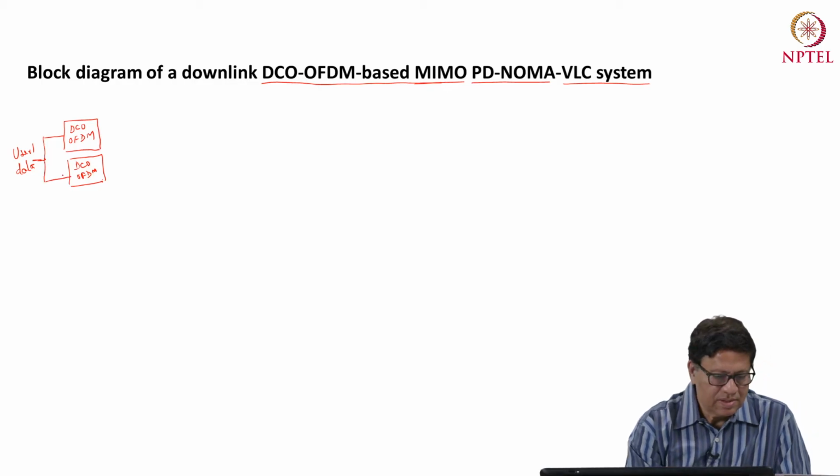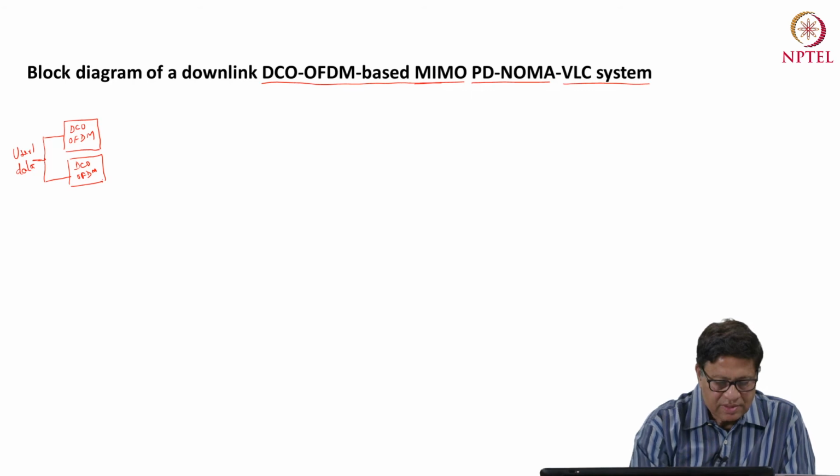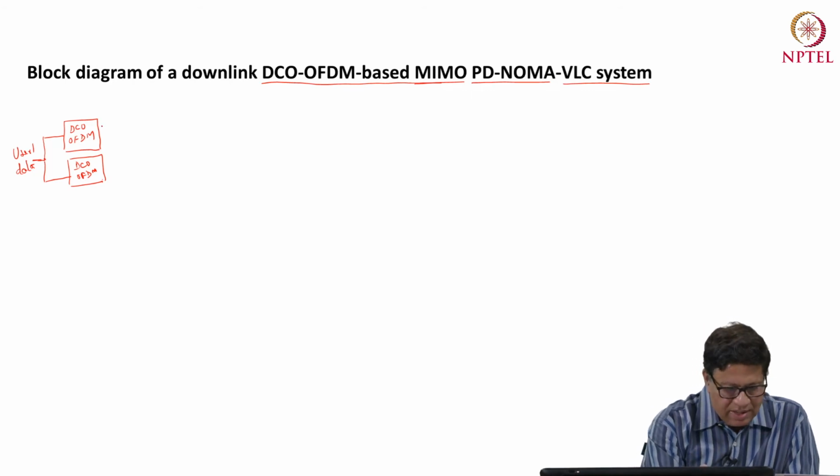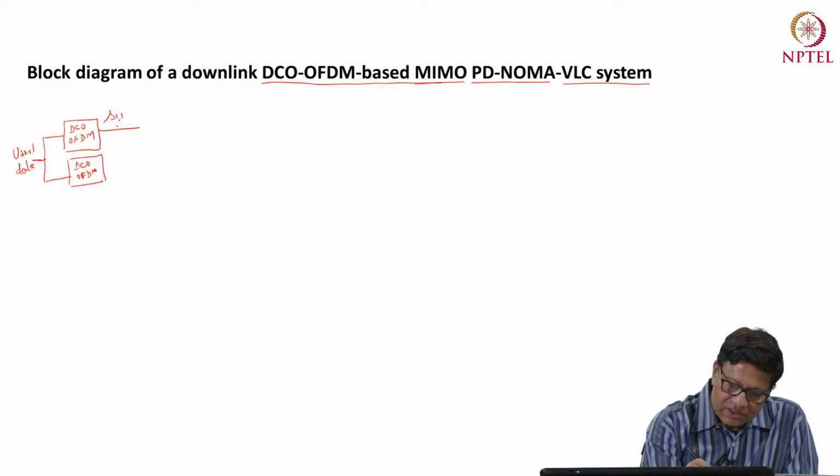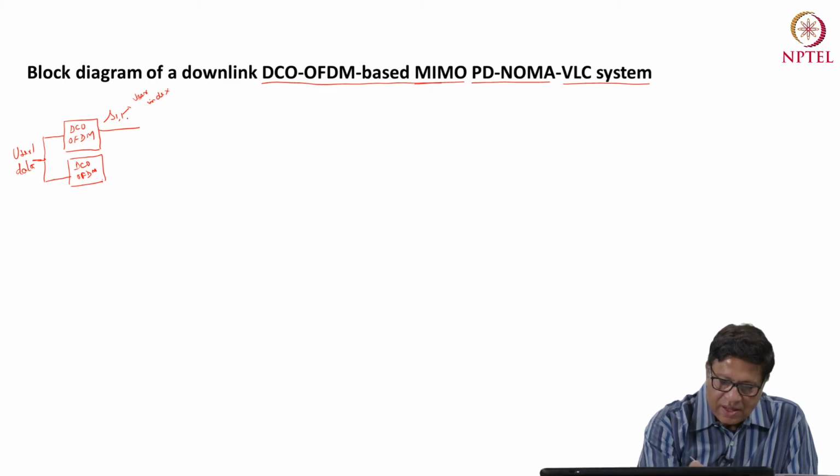So user data is divided into 2 parts, and let me denote this as S11, where this 1 tells the user index, this is user 1, and this other index tells this is the first part of the data.